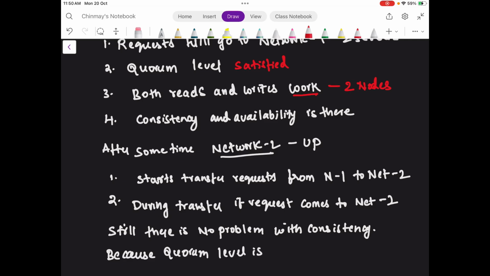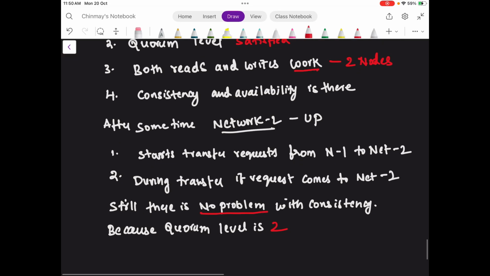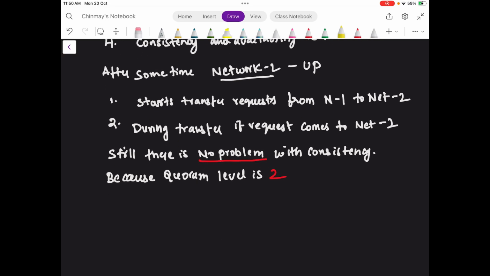MySQL checks responses from all three servers.